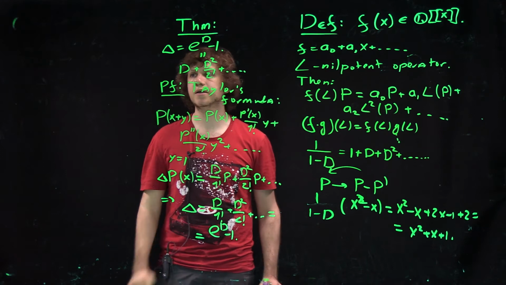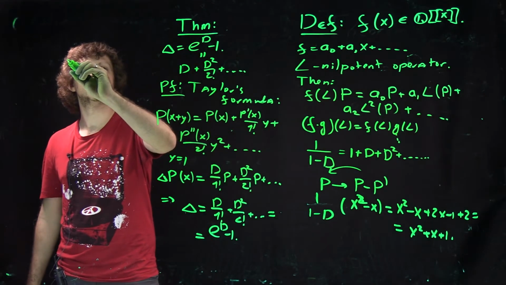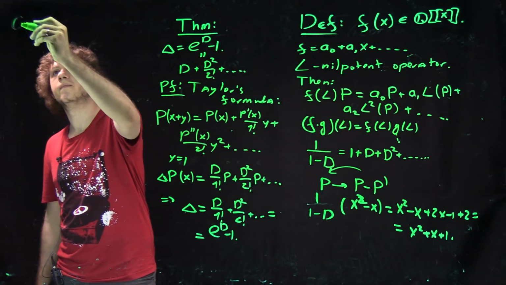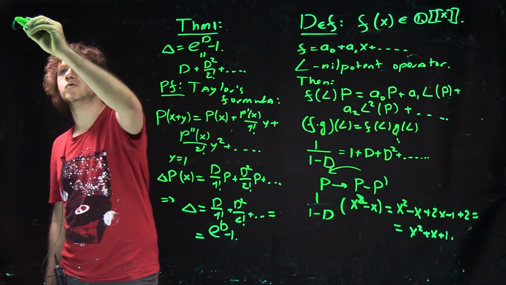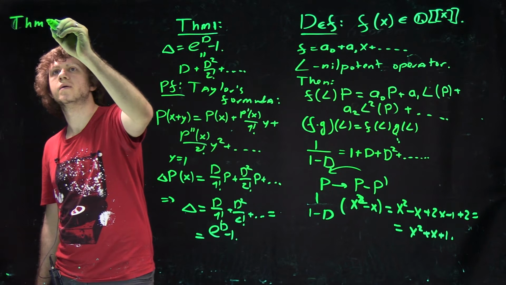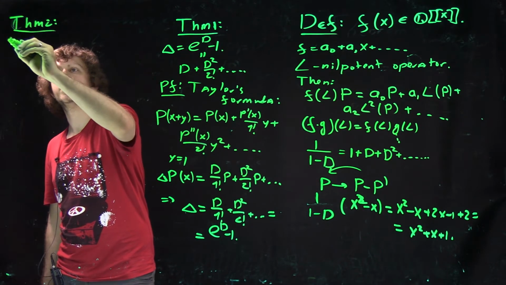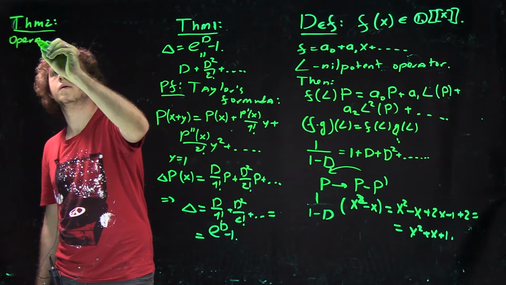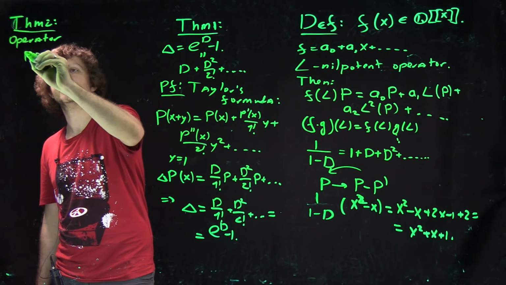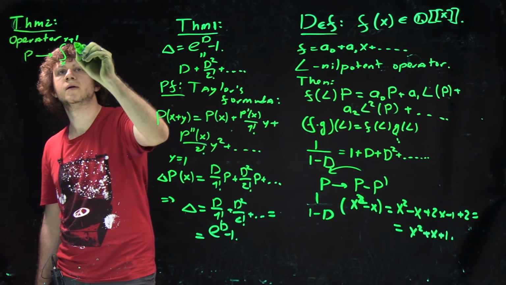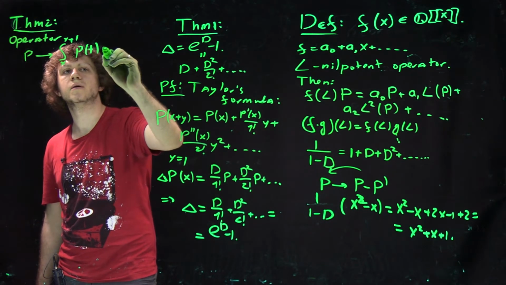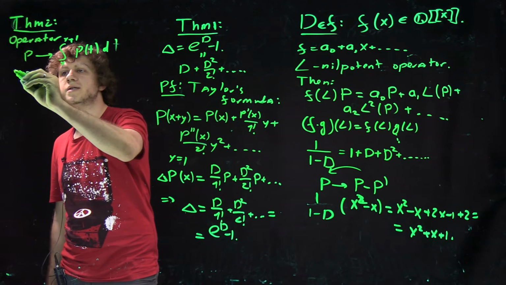So, let me take my... okay, so claim. Theorem 1, theorem 2. The operator P goes to the integral from x to x plus 1 of P(t) dt, and it is invertible.